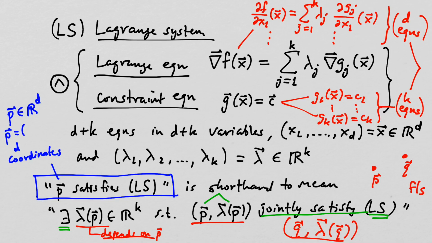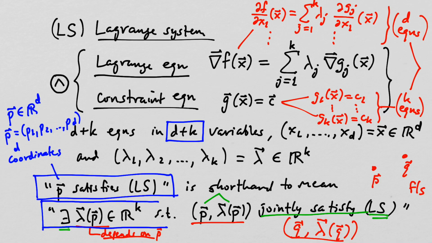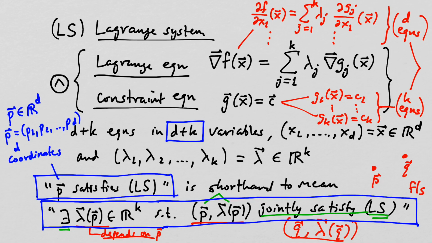So we can write it as, let's say P1, P2, through P sub d. That's not enough coordinates to satisfy an equation that has d plus k variables. So when we say that it satisfies the Lagrange system, it's really just a conventional shorthand. That's short for this whole statement here, that there exists a corresponding lambda vector, corresponding to P, such that the two of them together give you d plus k values that satisfy the Lagrange system. Okay, so I'll use the short phrasing from now on, as long as it's understood what we mean.